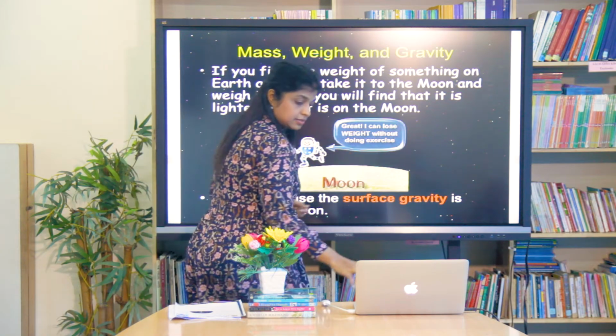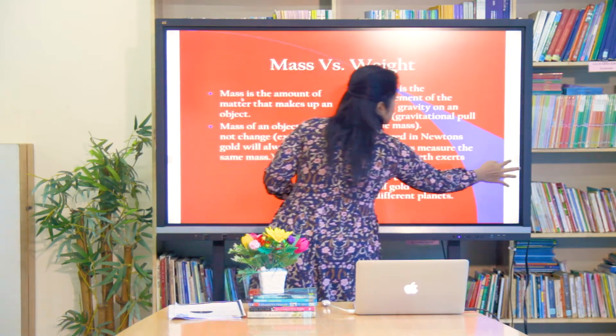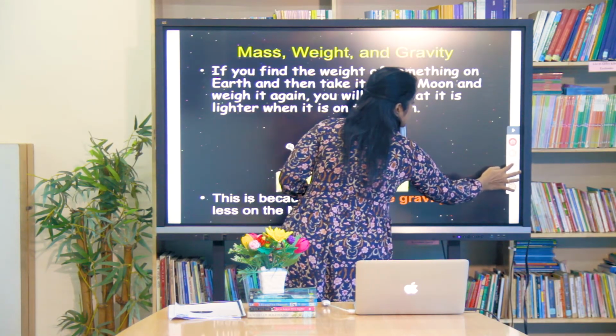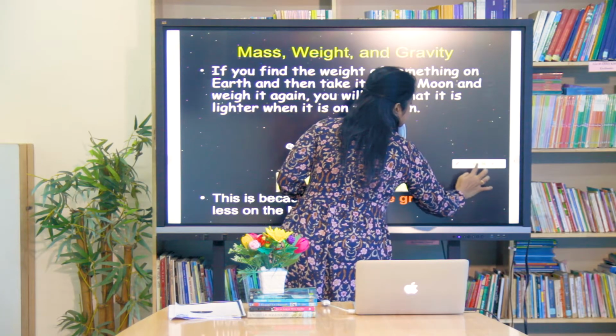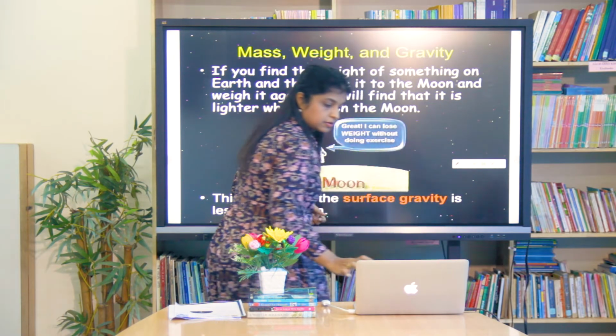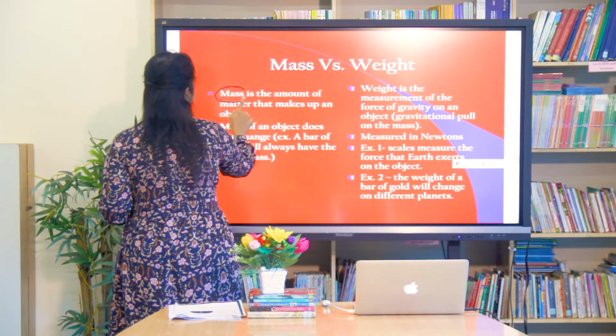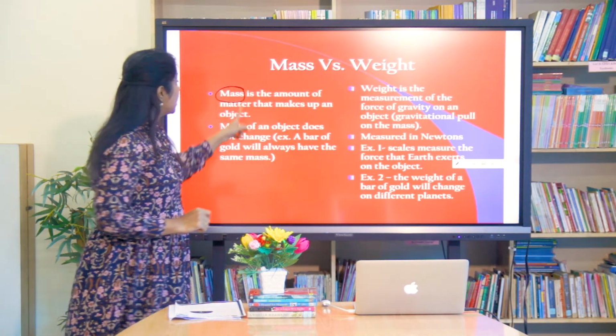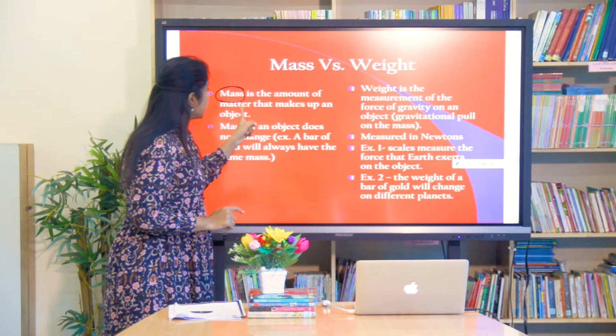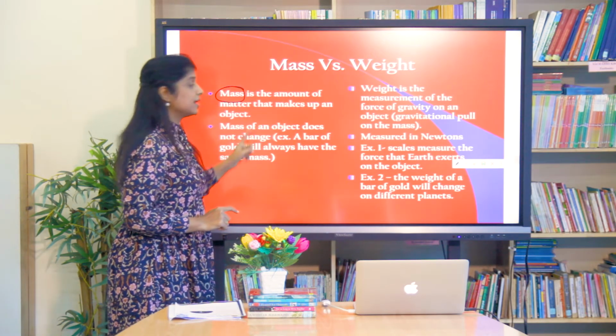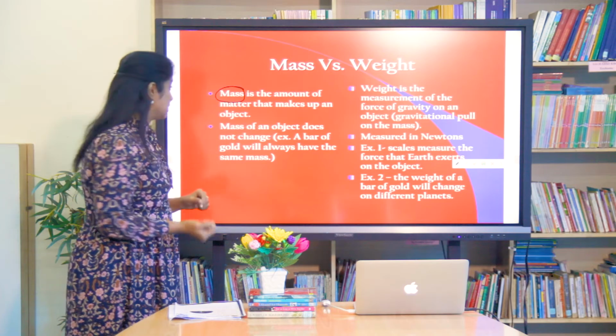Guys, can you see? Mass is the amount of matter that makes up an object within.